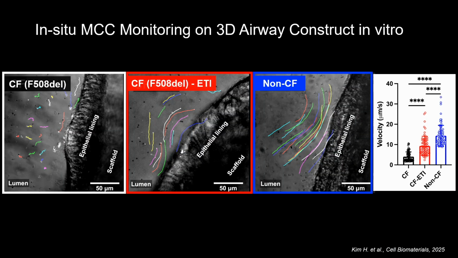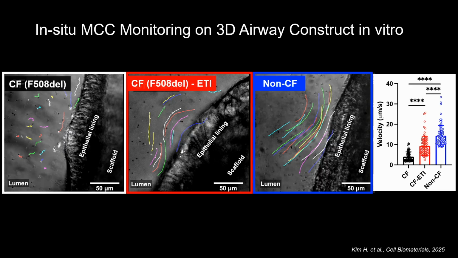Taken together, these snapshots clearly show how mucociliary behavior shifts across conditions. First, on the left, CF showing impaired clearance. Second, ETI-treated CF in the middle, showing functional recovery. And lastly, non-CF on the right as a functional benchmark.